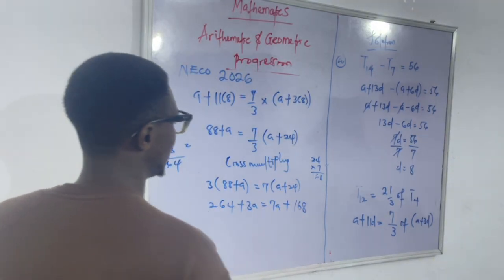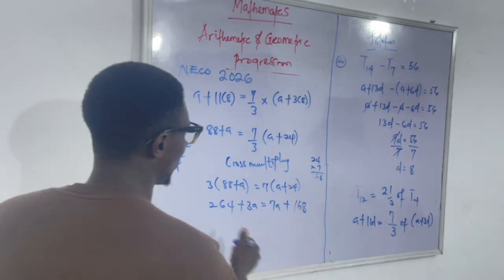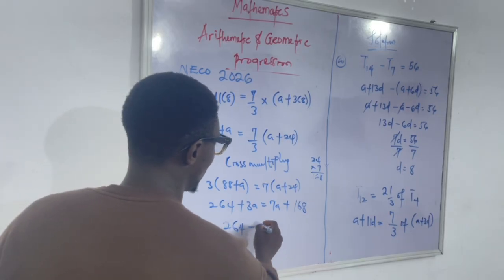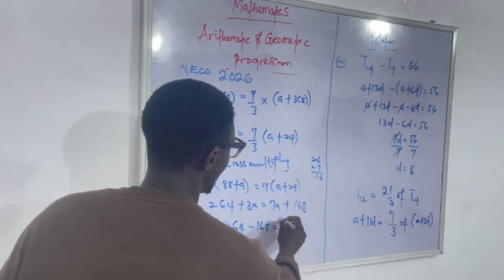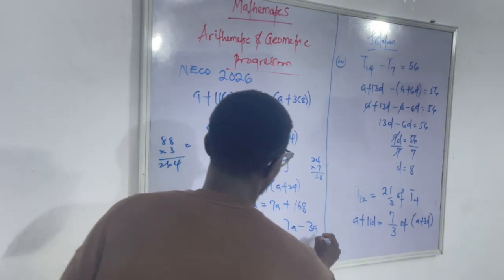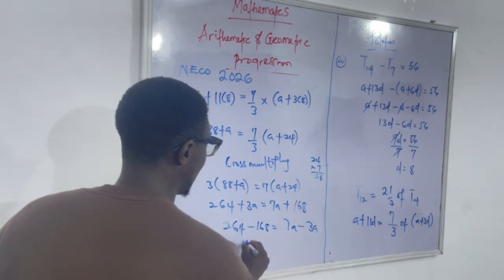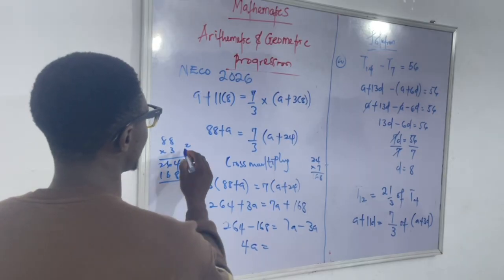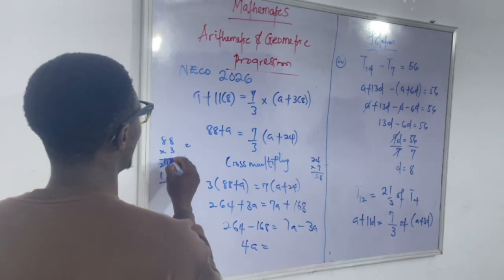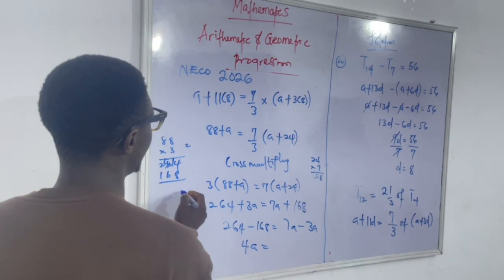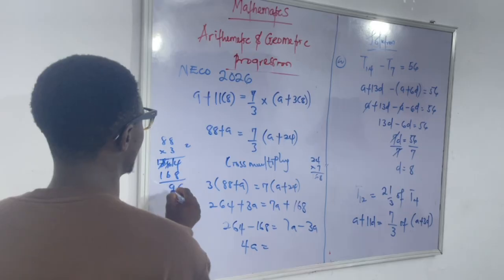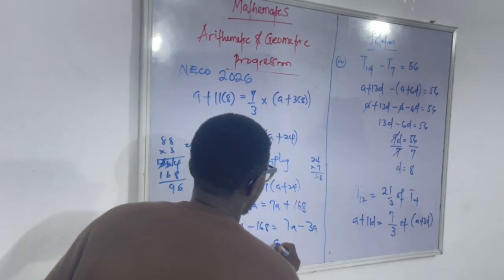Are we together? So then we can now what? Collect like terms. So 264 minus 168, 7A minus 3A. So that's 4A equals, so 264 minus 168 is 96.